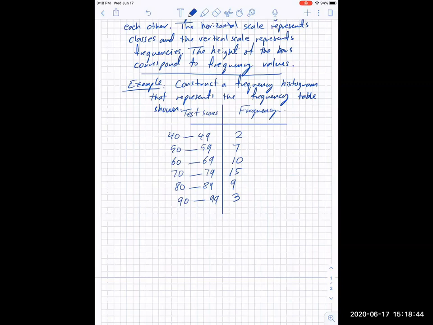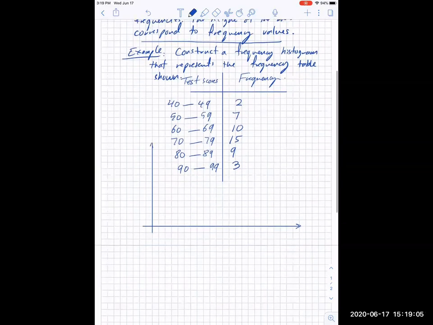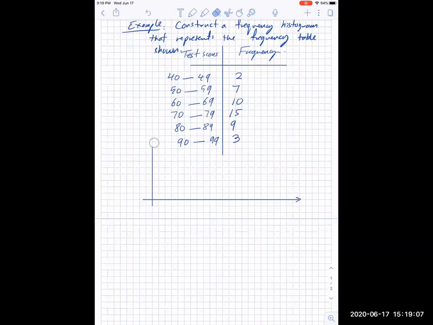This is what we're going to do. We're going to draw first the horizontal axis, the x-axis, and then a vertical axis. Actually, I'm sorry, let me move my graph a little bit down here.